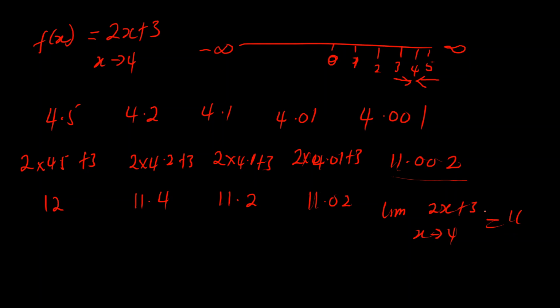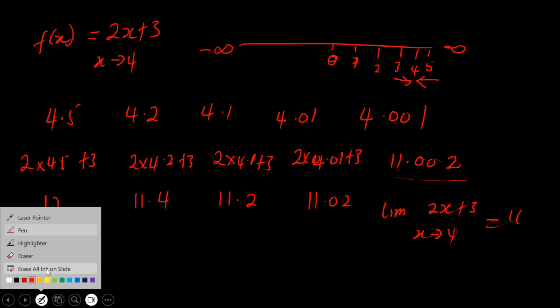So let's try to do that one also. So we were having f of x equals 2x plus 3, and you have to find the limit as x approaches 4.